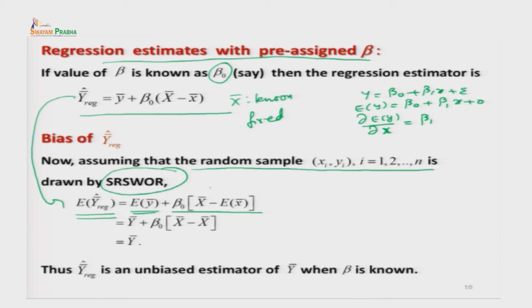So the expected value of capital X bar remains capital X bar, and then we have the expected value of small x bar, which is the same as capital X bar. Why? Because you are using simple random sampling, and in simple random sampling the sample mean is an unbiased estimator of the population mean. So this term comes out to be capital Y bar. One can conclude very easily that y bar hat reg is an unbiased estimator of capital Y bar when beta 0 is known.